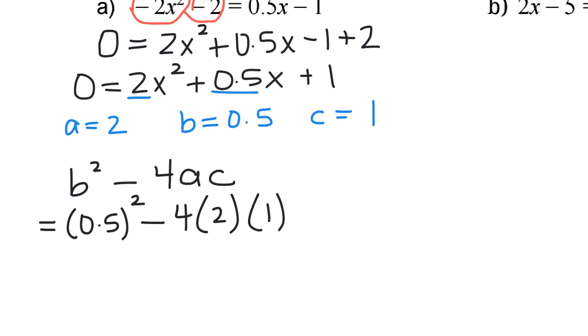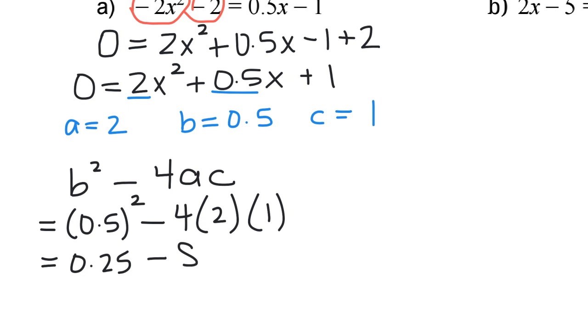Okay, so now I'm going to actually solve. So I'm going to start with 0.5 squared. So that works out to be 0.25. Okay, and then when you're doing this little portion here with the multiplication, up to you how you want to read it, but the way I like to read it is -4 multiplied by 2, that's -8. -8 multiplied by 1 is also -8.